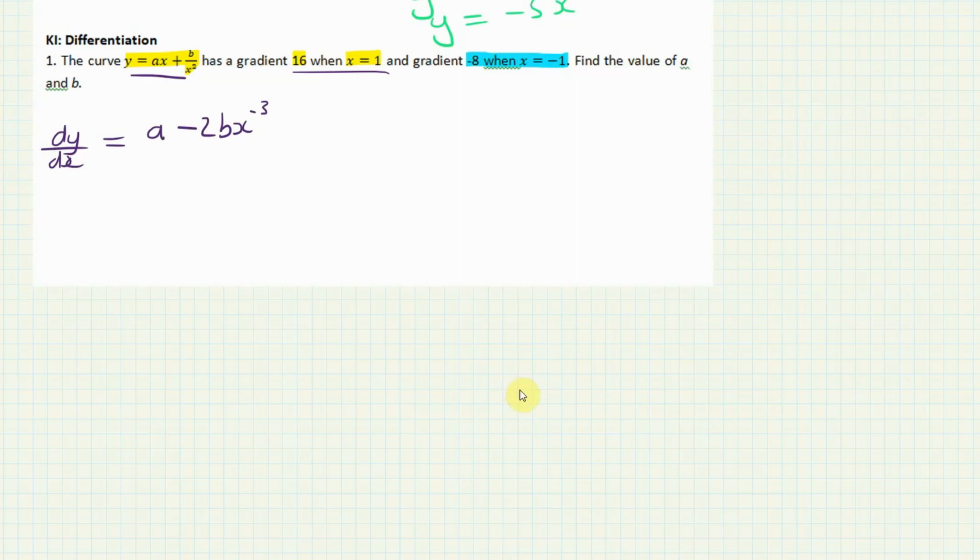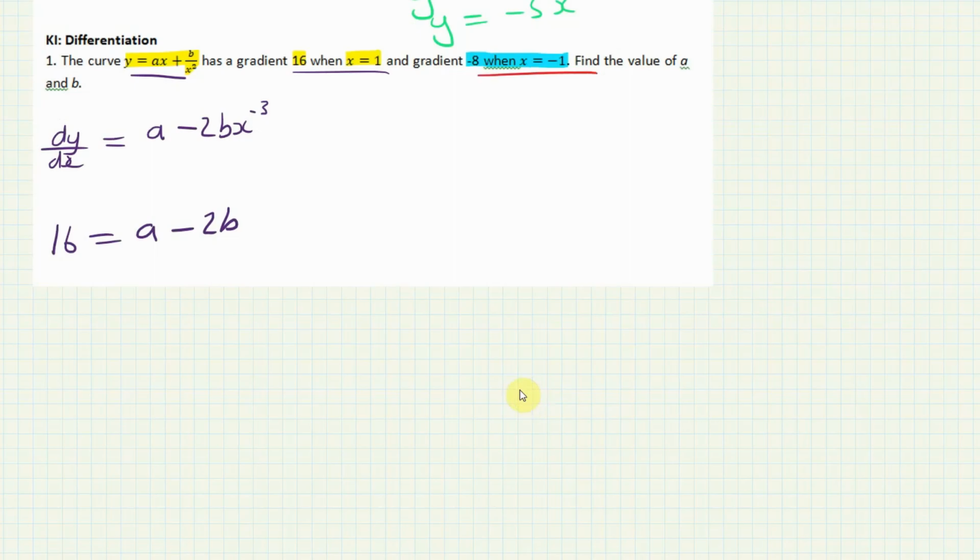Okay, now we know it's got a gradient of 16 when x equals 1. Now the gradient is this here, isn't it? That's a gradient function. So we go 16 is equal to a minus 2b times 1 to the power of minus 3, which is 1. So we can just pretty much ignore that. Okay, there we go. There's our first equation.